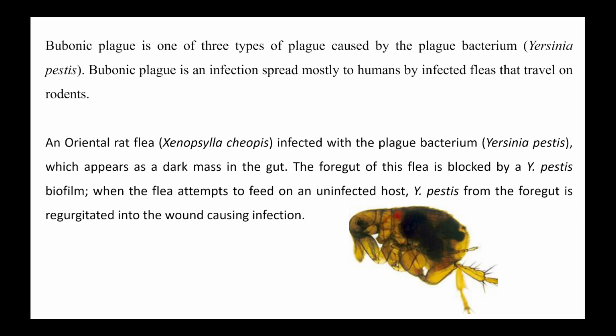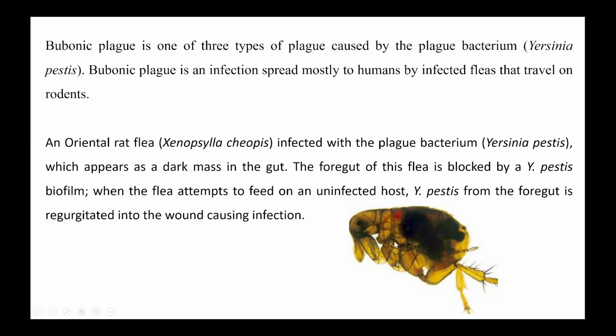So, it's a flea, a type of insect that generally is present on rodents. The oriental rat flea, that is Xenopsylla cheopis. This is a flea that is present on rodents. So here's a picture of that flea, of that insect.